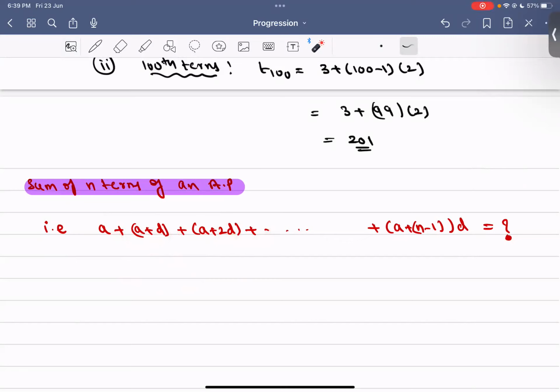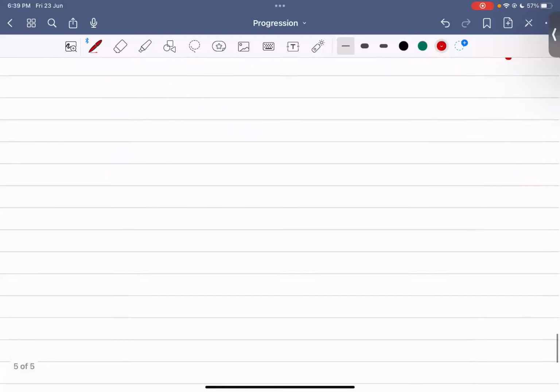Before finding the sum of n terms of an arithmetic progression, I will tell you one story. Have you ever heard of the mathematician Gauss?